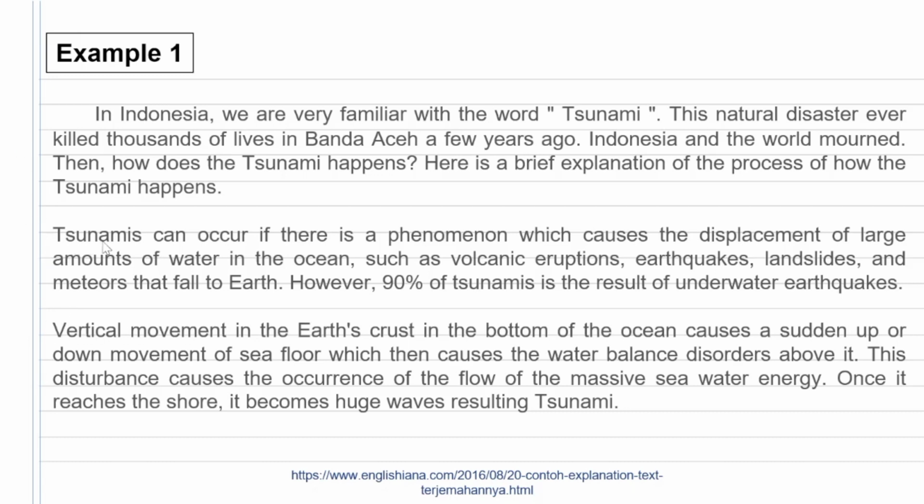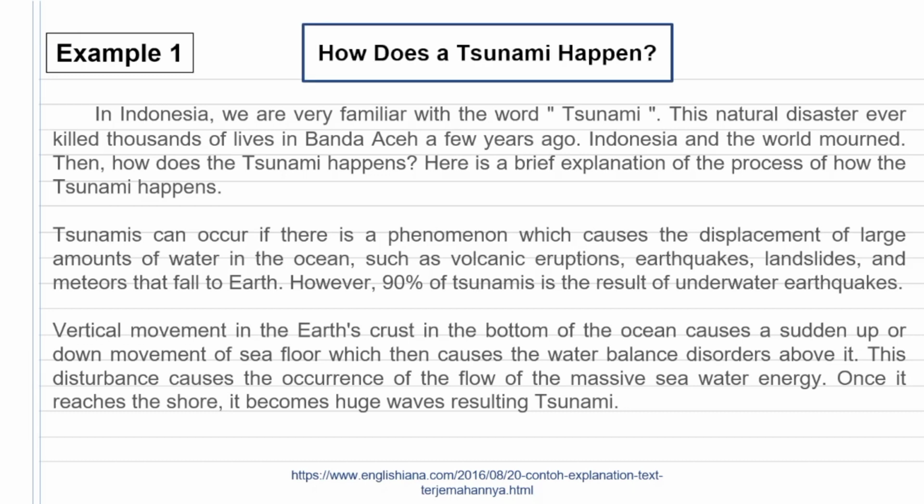Okay, tsunamis can occur if there is a phenomenon which causes the displacement of large amounts of water in the ocean. And then vertical movement in the Earth's crust at the bottom of the ocean causes a sudden up or down movement of the seafloor, which then causes water balance disorders above it. Okay, so we can guess what the text is about. Of course, it's about how a tsunami happens.